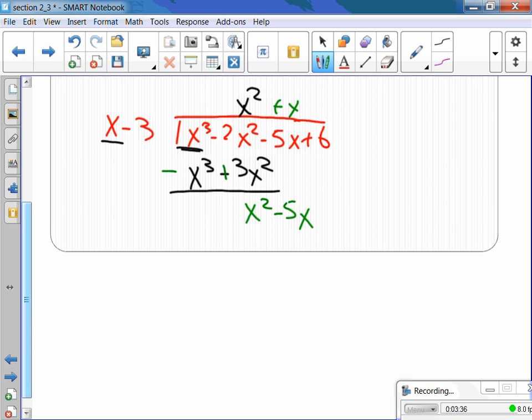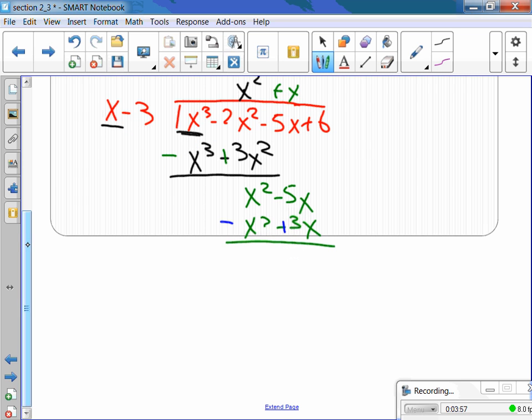So x times x, x times the minus 3. Subtract, it's the same thing as just changing the signs. First terms are gone. Minus 5x plus 3x, minus 2x. Bring down plus 6.